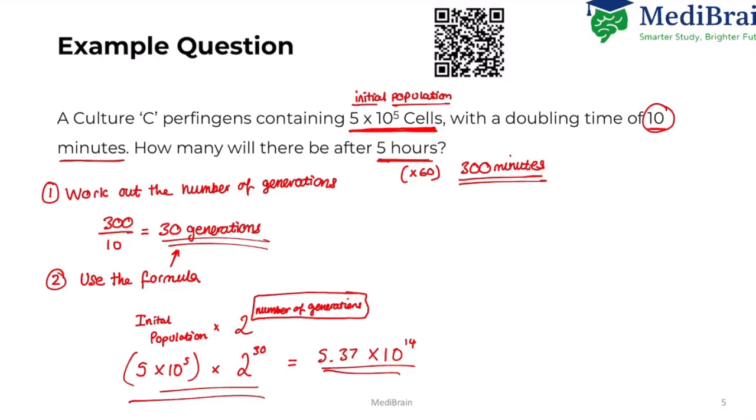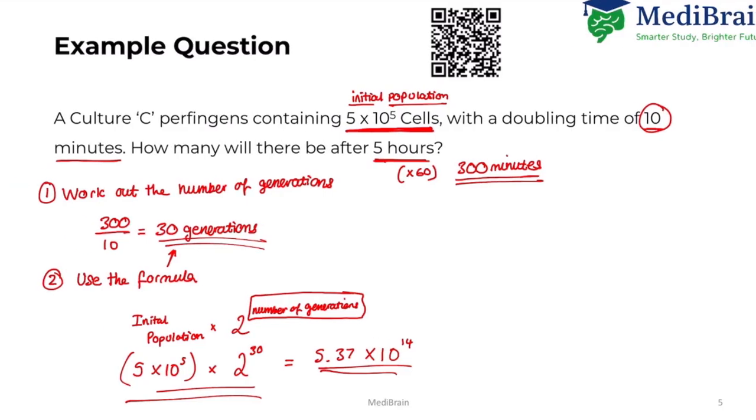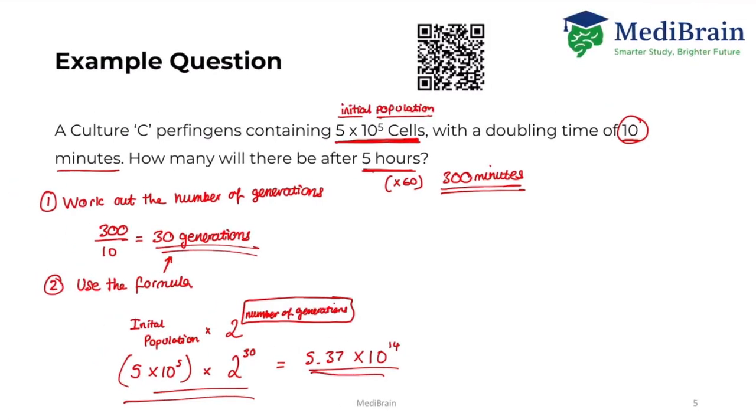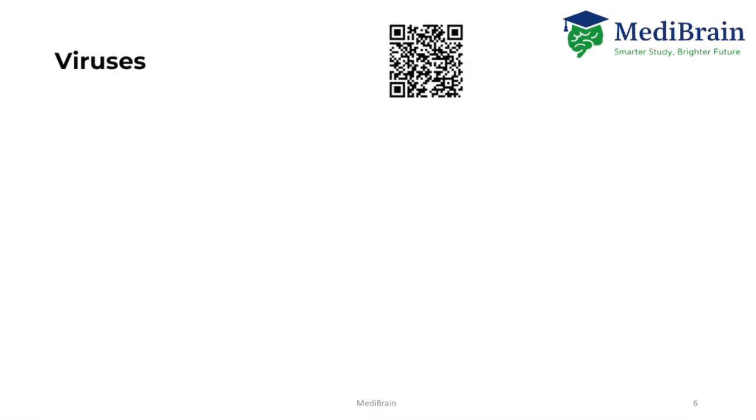What we're going to move on to now is viruses. Okay, so we did look at viruses briefly. We looked at the structure of viruses in a previous lesson when we looked at the structure of prokaryotes and viruses. But there's a bit more in terms of how they attack and infect cells.